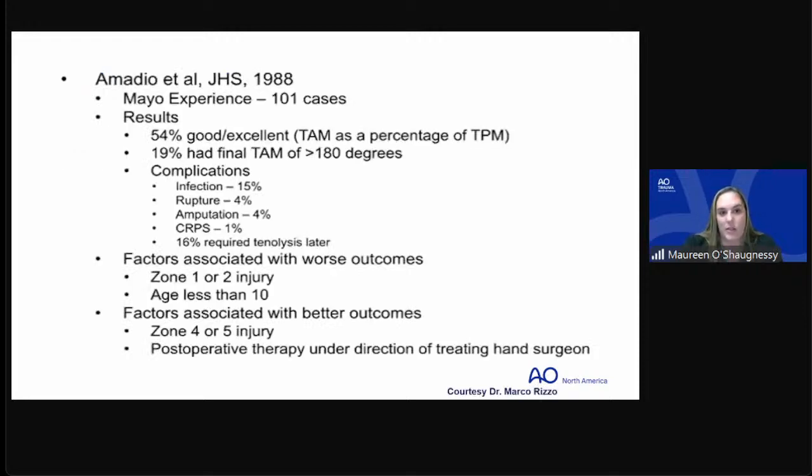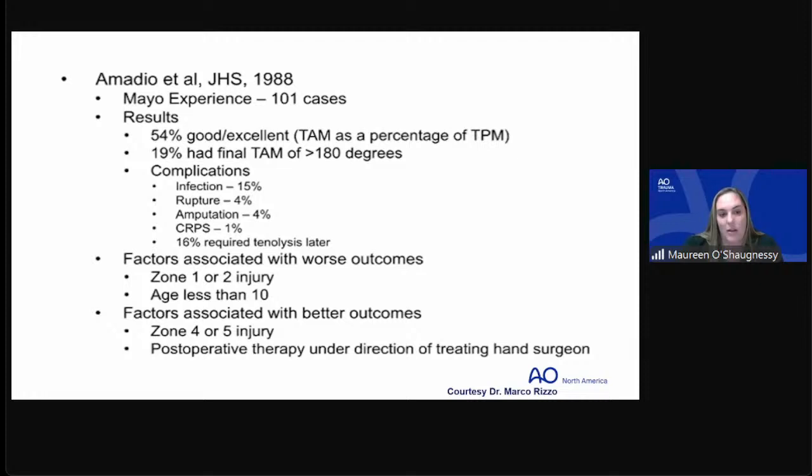Dr. Amati looked at their experience at Mayo. This is a little bit of an older paper, but overall with 100 cases that underwent 2-stage reconstructions, only 54% had a good to excellent outcome. A relatively high rate of infections and complications. And the patients that did worse were those with zone 1 or 2 injuries, and the younger patients.